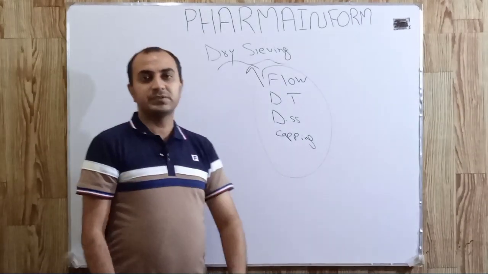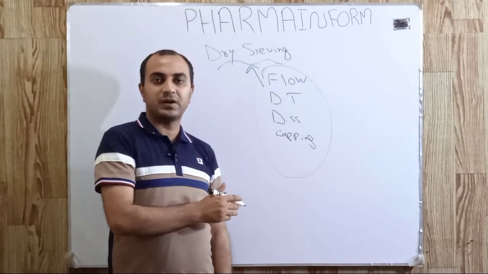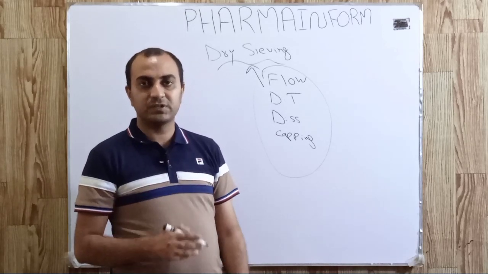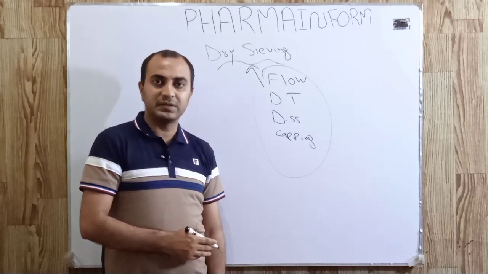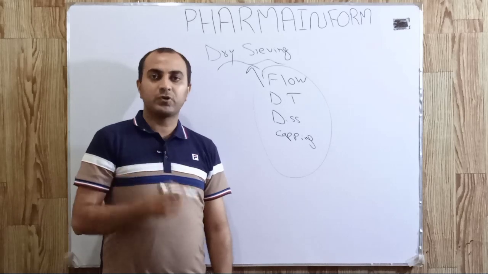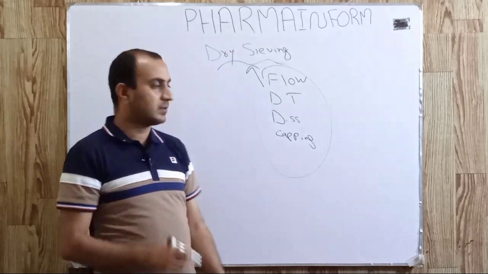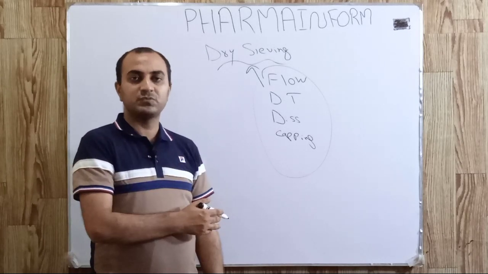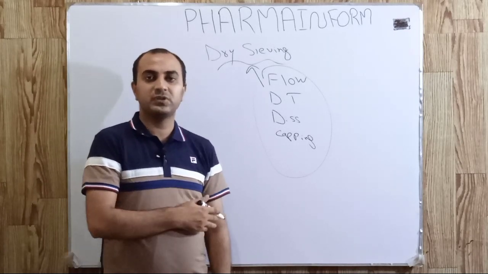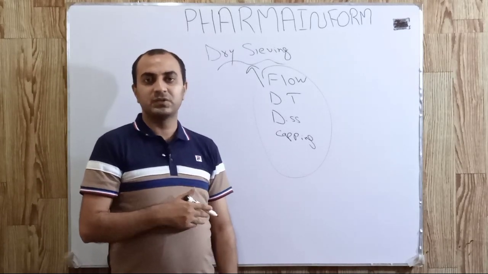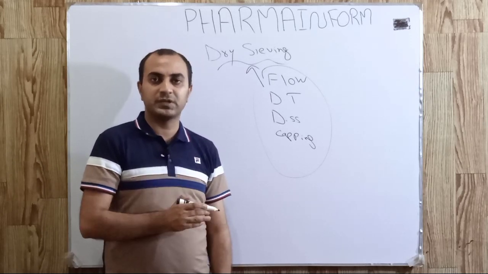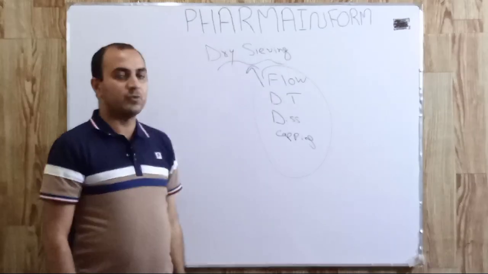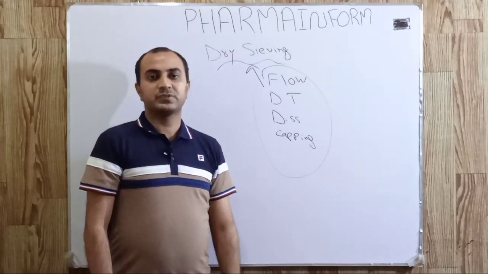Simply, in the dry sieving step we sieve our dried granules by using an oscillating granulator or dry mill. The important thing which we should keep in mind during this step is the sieve or screen which is used for crushing of granules.